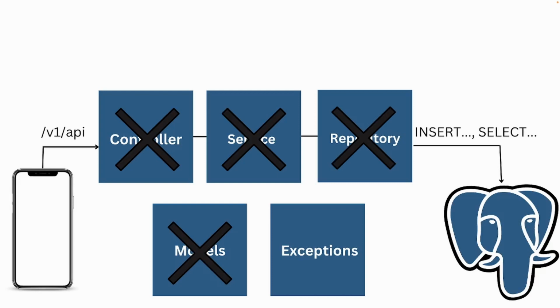But in our case, we have not set up a way that if things don't go as expected, it will return a nice response back to the client. Because we don't want to freak out the client, right? We don't want them to see something that they didn't expect to see. We want to send it in a format that they will be able to understand. We want it to be a clean error.